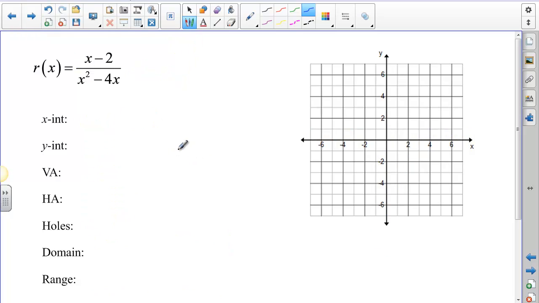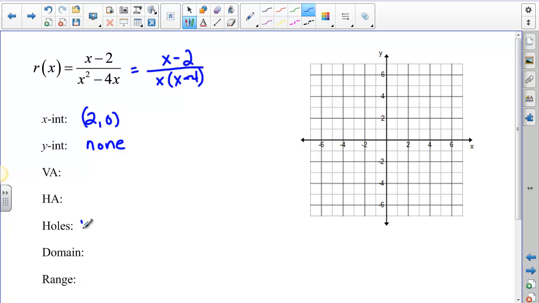If we look at the next one, I'm going to go ahead and factor the top, which is x minus 2. Factor the bottom, which is x times x minus 4. And my x-intercept is the zero at the top, which is (2, 0). Y-intercept, well, I would get -2 on top, but I would get 0 on the bottom again, and so there's no y-intercept.